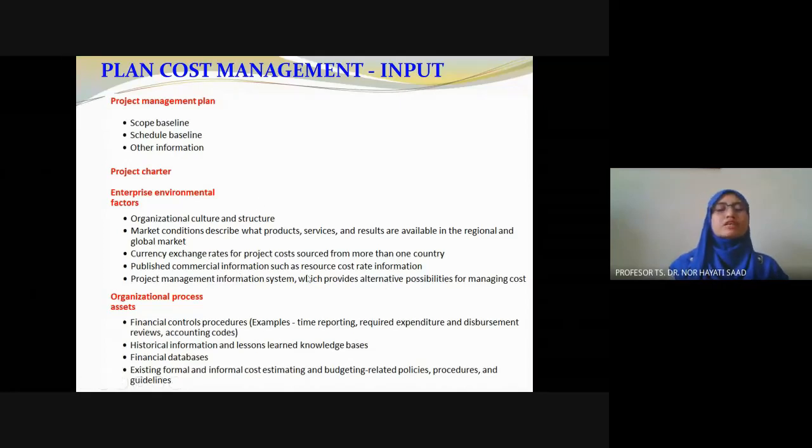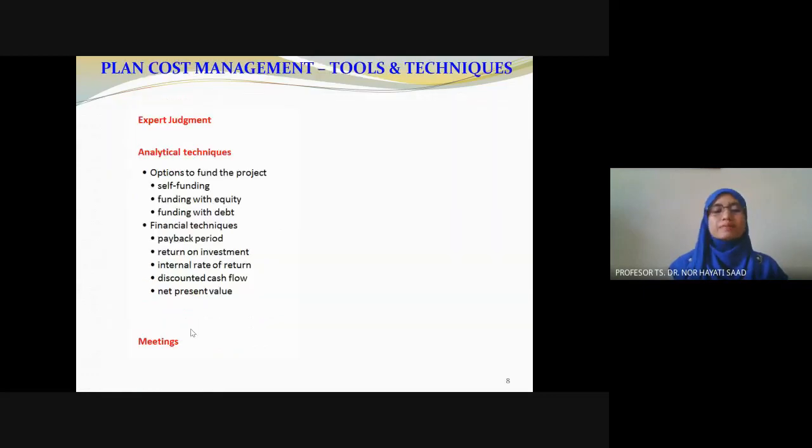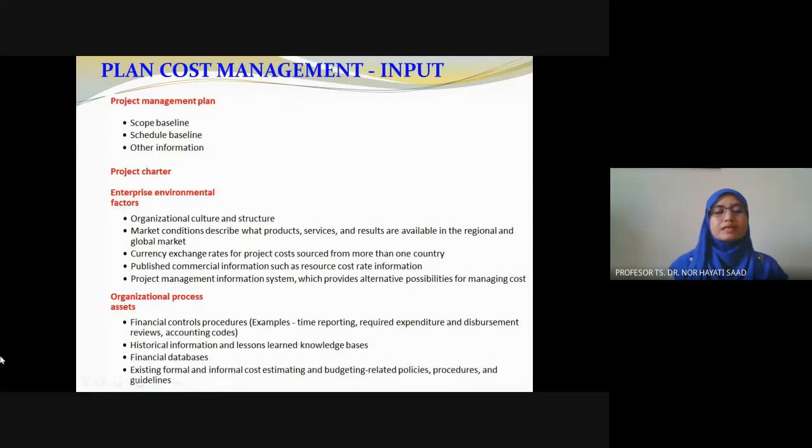Those are the environmental factors which might affect the project. And of course, organizational process assets relate to how we financially control our project, and also whatever information we have related to policy.